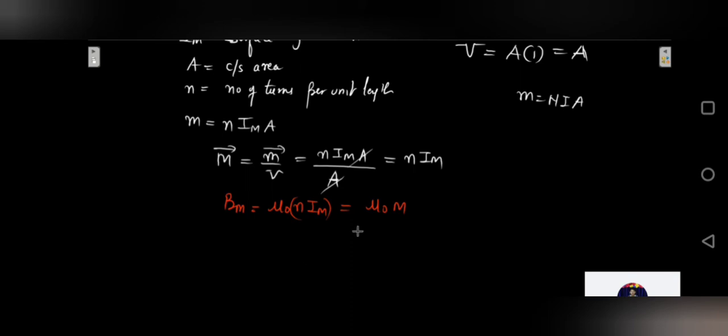So that is how you get Bm is equal to mu naught into M. From here you can also say that M is equal to Bm upon mu naught. So this is another formula. That is, the magnetic field produced due to magnetization, Bm, is equal to mu naught times the intensity of magnetization.